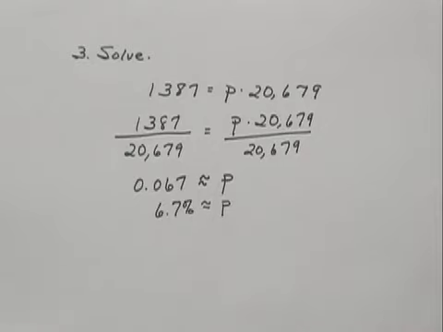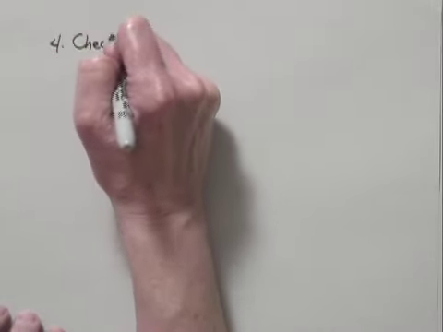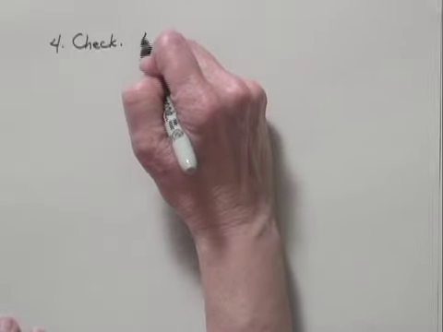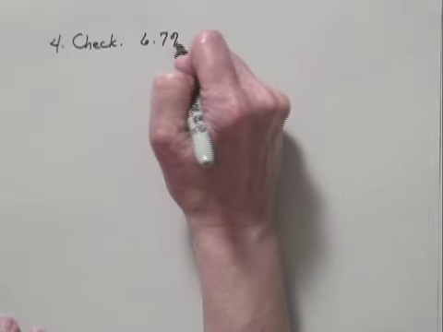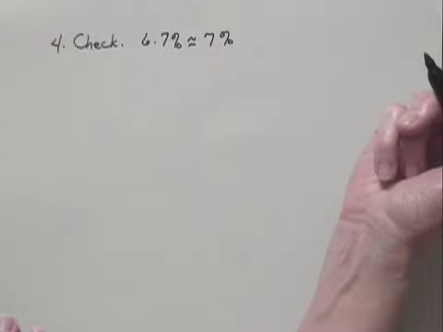Now, we need to check this result in the original problem. And let's begin by observing that 6.7% is approximately equal to 7%.